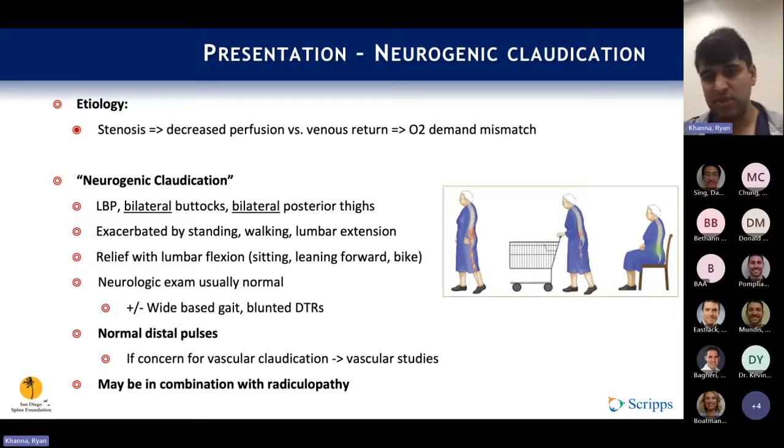Which is why, since medical school, we're classically taught that neurogenic claudication gets better with lumbar flexion. So sitting, or leaning forward on a shopping cart, as that diagram depicts.